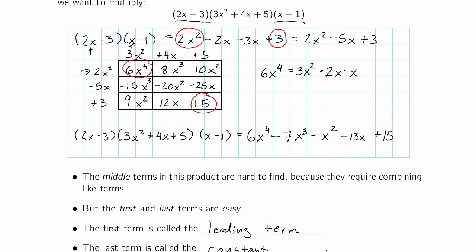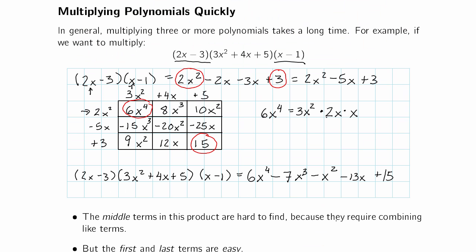And then the constant, that was the 15, we got the 15 by taking this 5 and multiplying it by this 3, but we got that by multiplying the -3 times the -1. So to get the constant, we multiplied together all the constants from the factors.